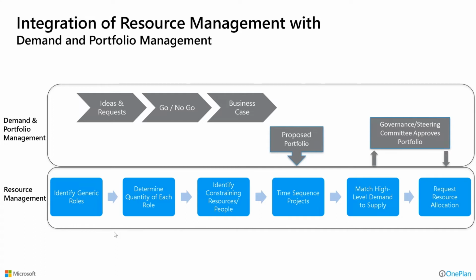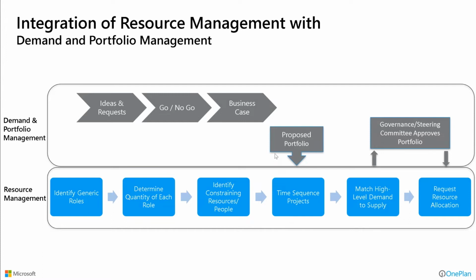So, well, we can say, we could do demand and portfolio management without resource management. You actually can't do effective delivery without understanding resource availability and understanding whether you have the capacity to deliver the project that you've approved.